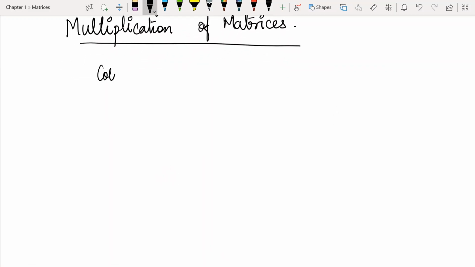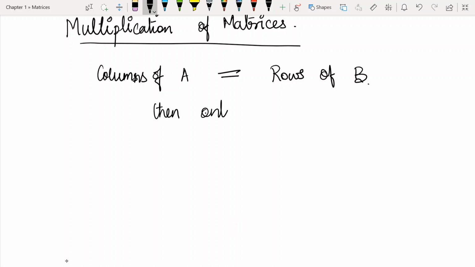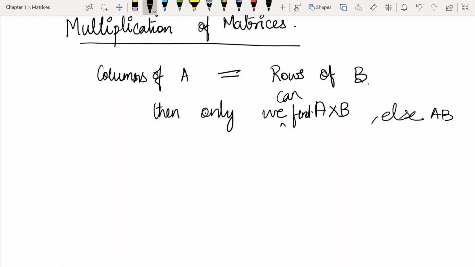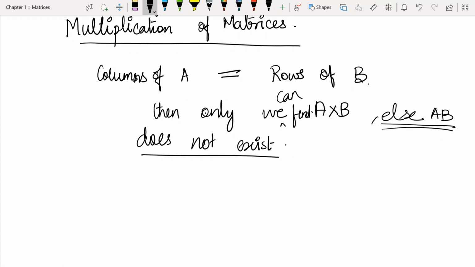The number of columns of A equal to rows of B. Then only we can find A into B. Else AB does not exist. This is the phrase that you should use: AB does not exist, if A's columns are not equal to B's rows.